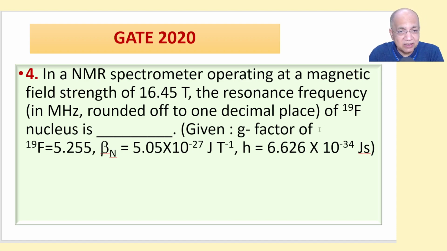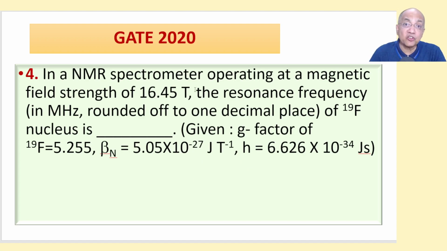The g factor of fluorine-19 is 5.255, and beta-n is a constant, 5.05 times 10 to the power negative 27 joules per Tesla. And h is our favorite Planck's constant.